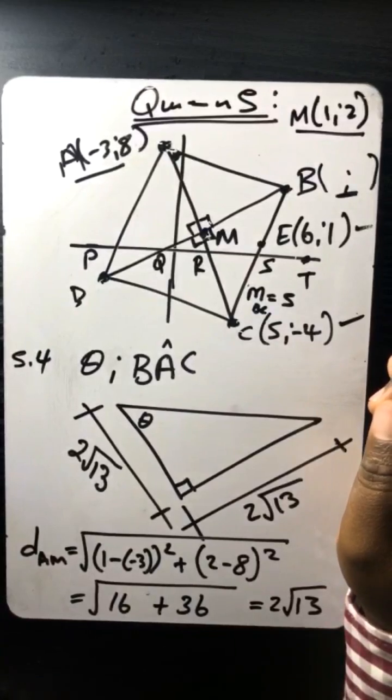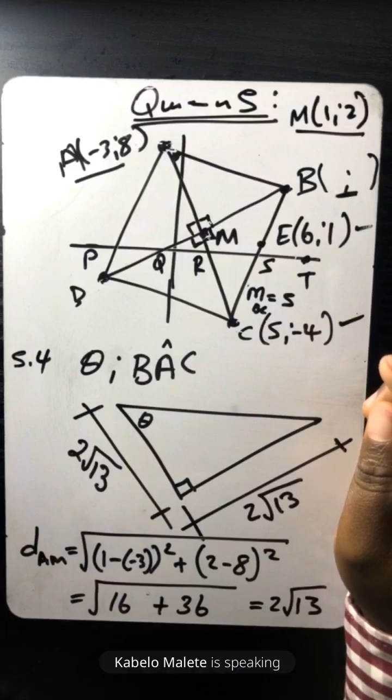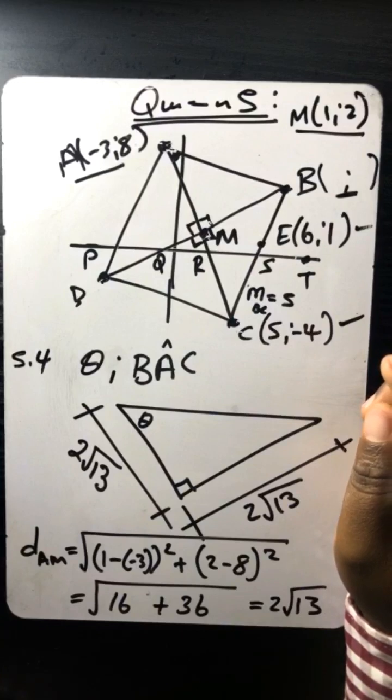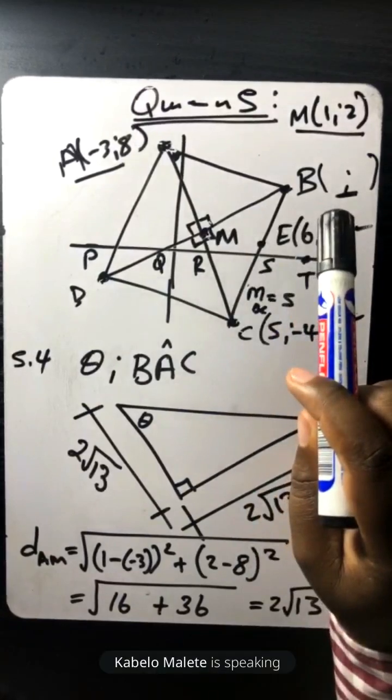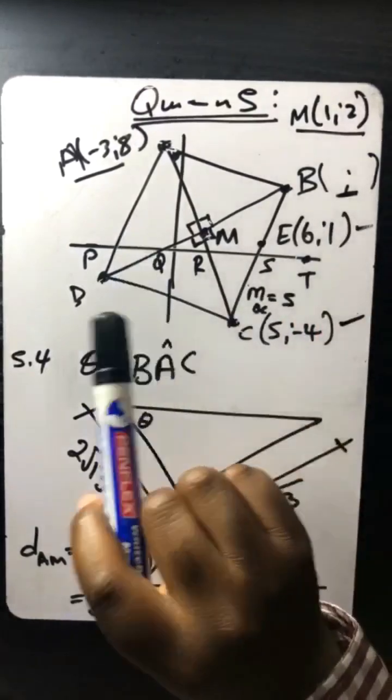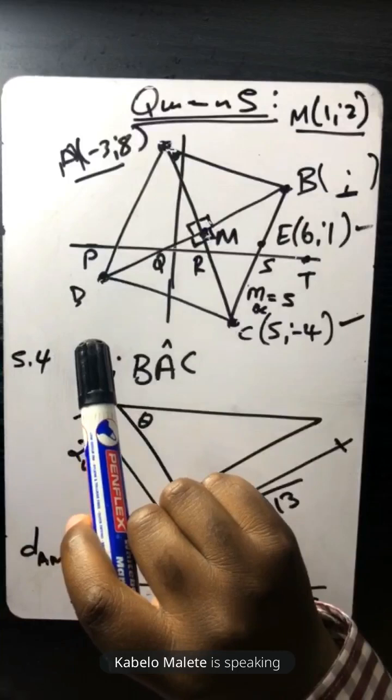The diagonals bisect, so DM is equal to BM. And BM is also equal to AM. And also to MC.